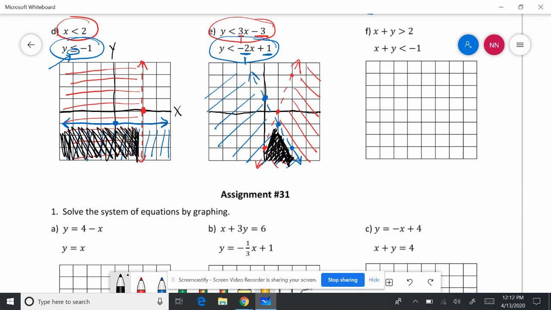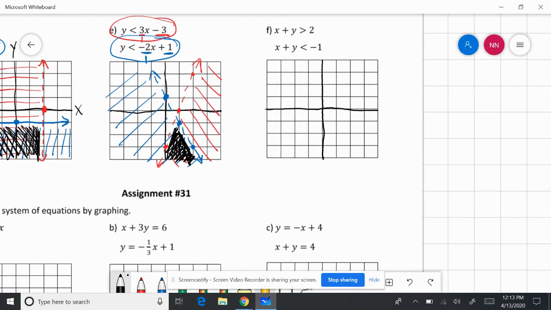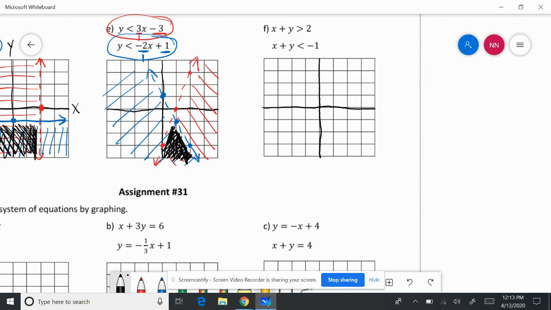Now, looking at letter F. Make our XY axis. This one's a little bit more difficult because we need to get the y by itself. So I'm going to subtract the x. I get y is greater than -x plus 2.